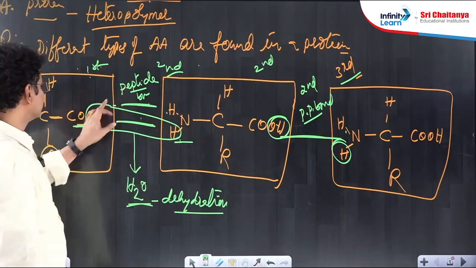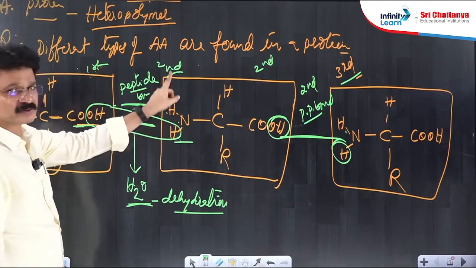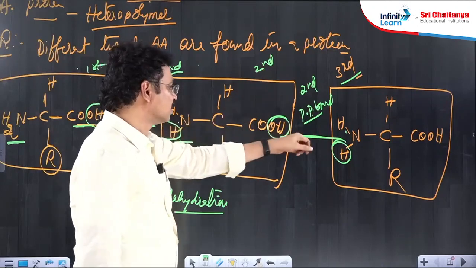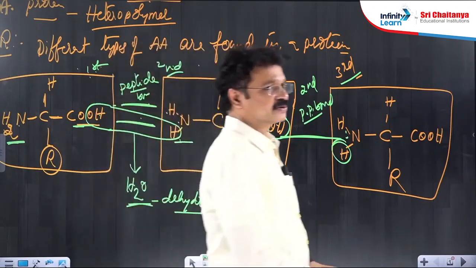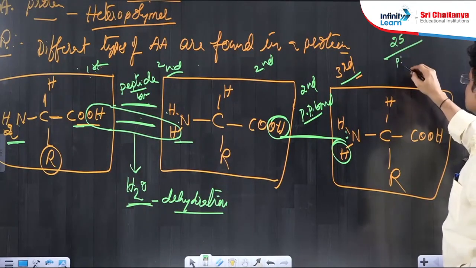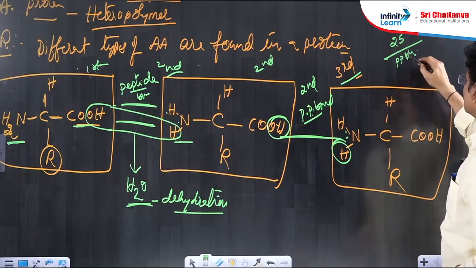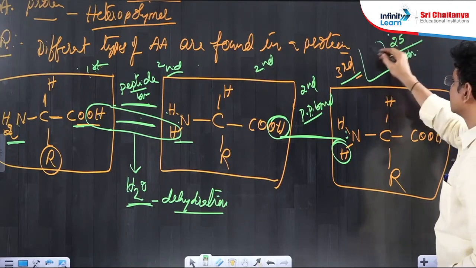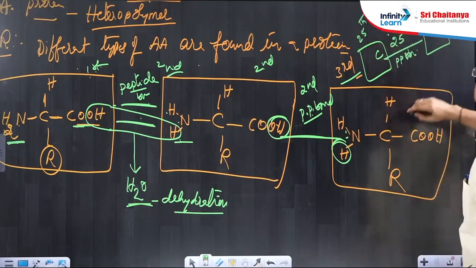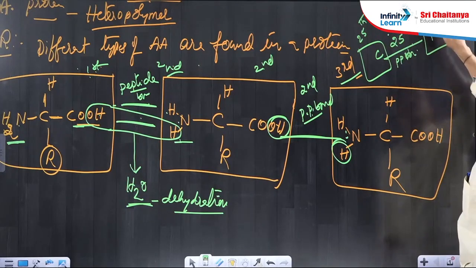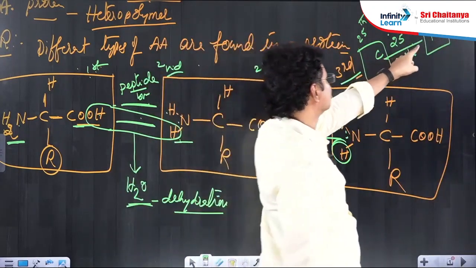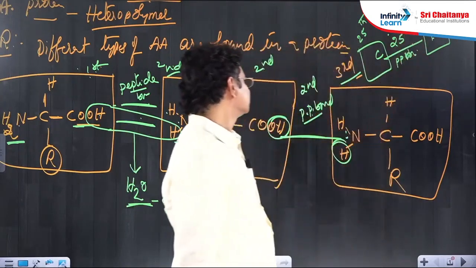The first peptide bond is between the carboxylic group of the first amino acid and the amino group of the second amino acid, whereas the second peptide bond is between the carboxylic group of the second amino acid and the amino group of the third amino acid. Likewise, the 25th peptide bond is formed between the carboxylic group of the 25th amino acid and the amino group of the 26th amino acid.